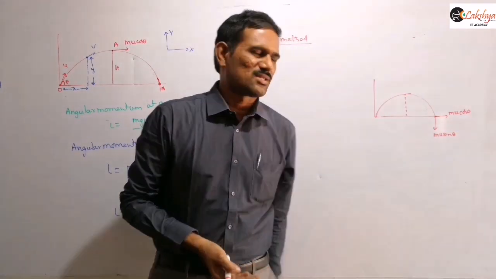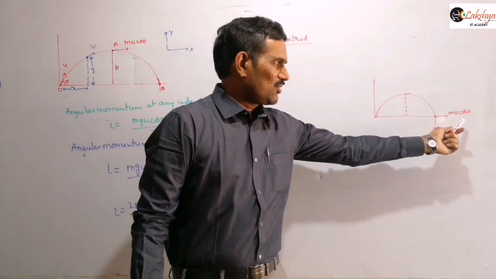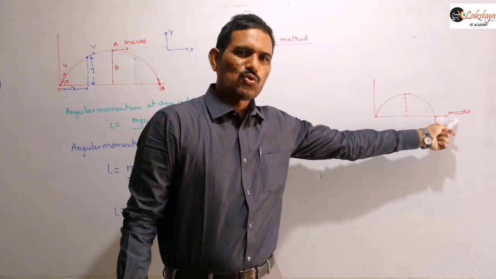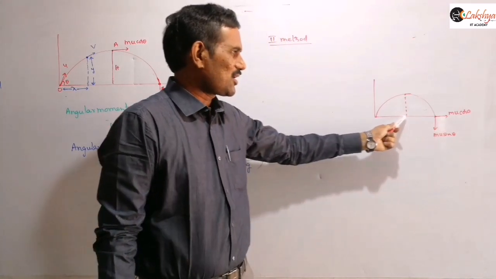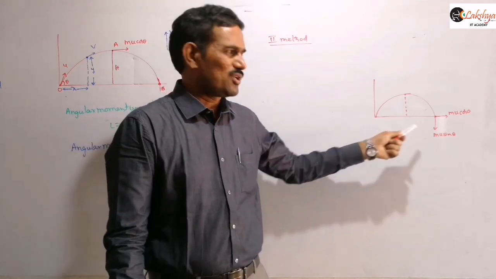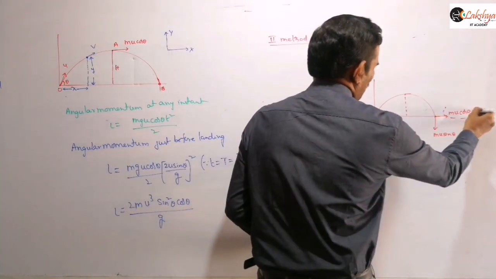The horizontal component remains the same. Now clearly you can say there is angular momentum due to the m u cos theta component only if it does not pass through this point, but it is passing through this point, so the perpendicular distance will be 0 and there is no angular momentum due to this component. So no need to consider it here.